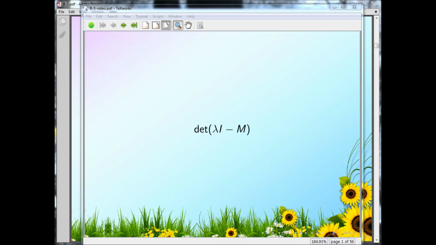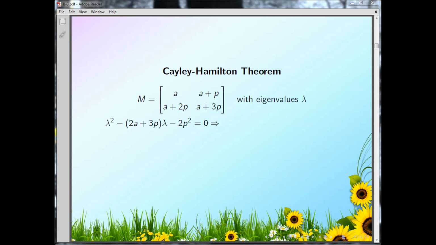So the characteristic polynomial is actually the determinant of this 2 by 2 matrix: there's a lambda, an unknown indeterminate, and I being the identity matrix, and subtract M, and the determinant of this will be a polynomial in lambda. All the zeros of this polynomial are the eigenvalues of this matrix M.